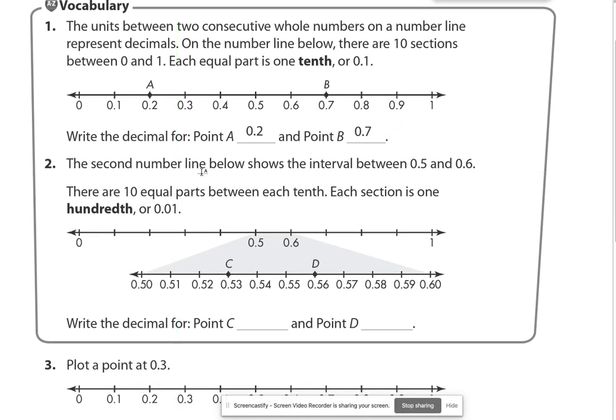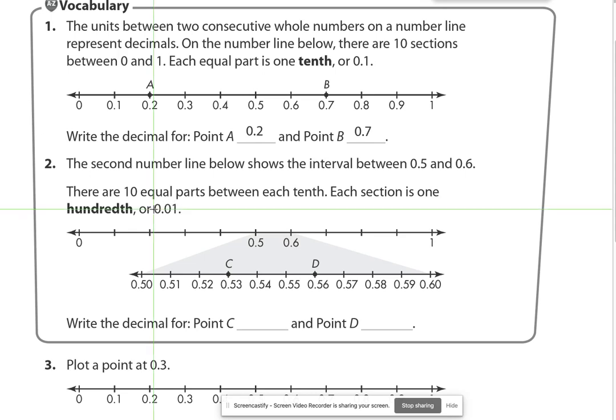The second number line below shows the interval between 0.5 or 5/10 and 0.6 or 6/10. There are 10 equal parts between each tenth. Each section is 1/100th or 0.01.